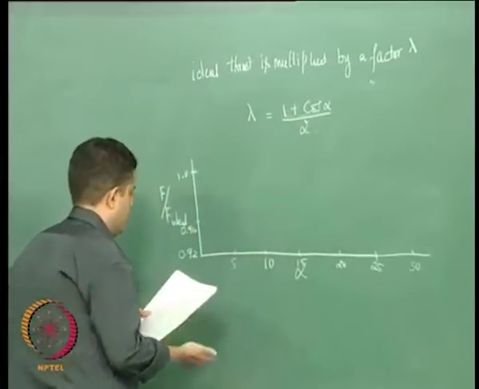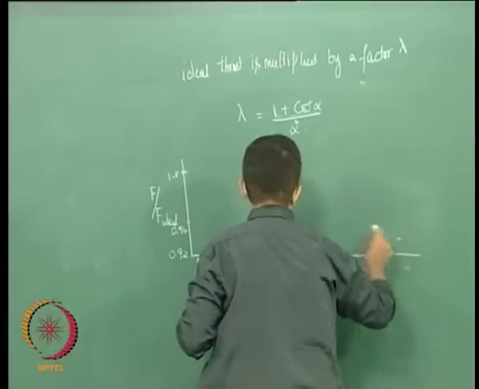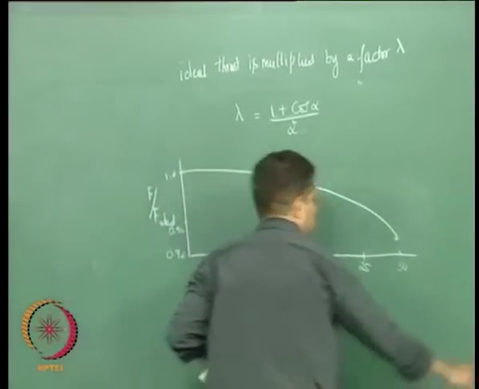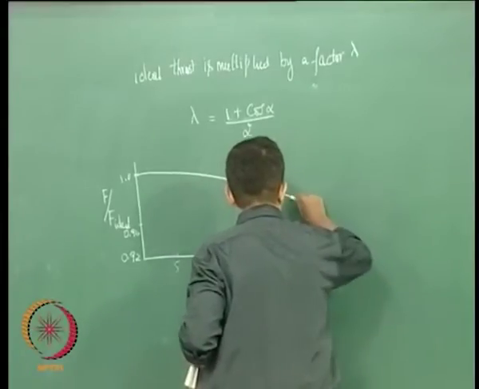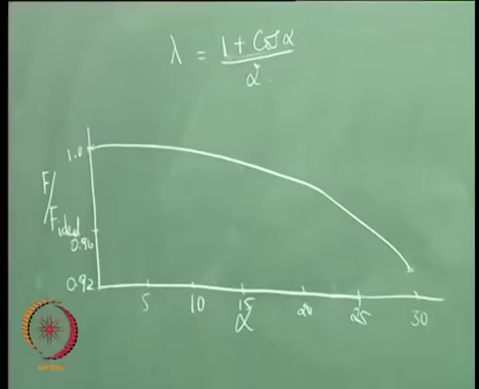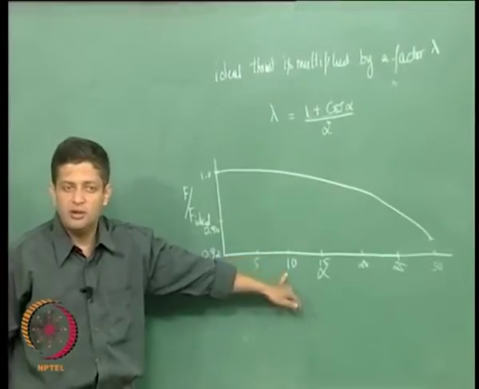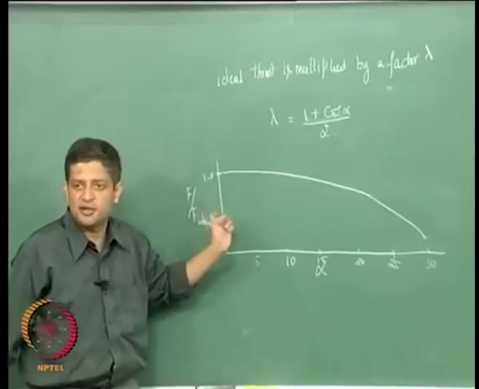So, this is how the graph looks like, and you see that typically we tend to use something like a 15-degree alpha conical nozzle in the subsonic portion. So, that will mean there is already some loss to the thrust that we get.